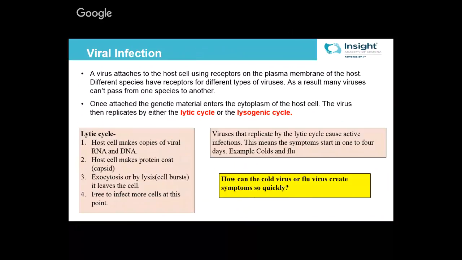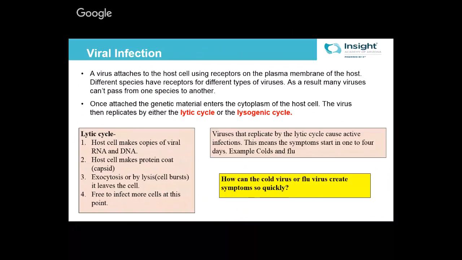The host cell then makes a protein coat that encloses the RNA and DNA. And through exocytosis, using one of the functions in the cell, the virus is pushed back out of the cell so it can infect other cells.